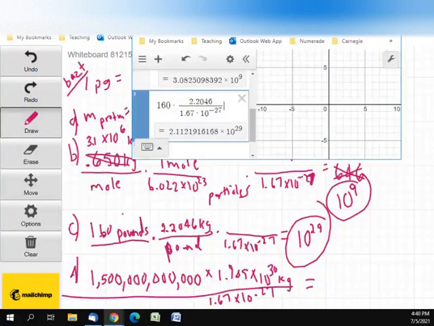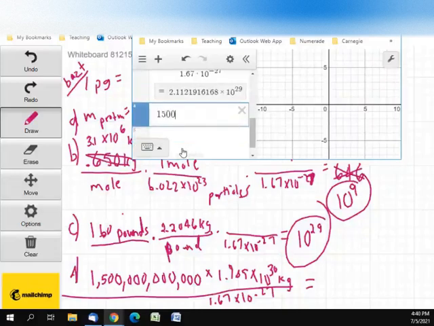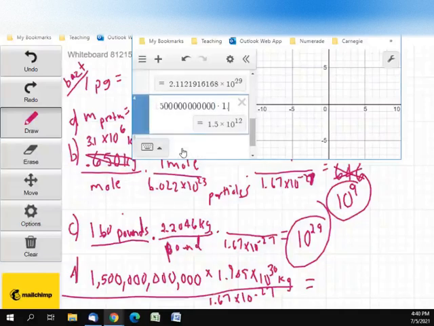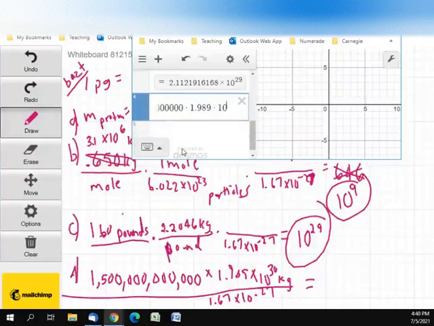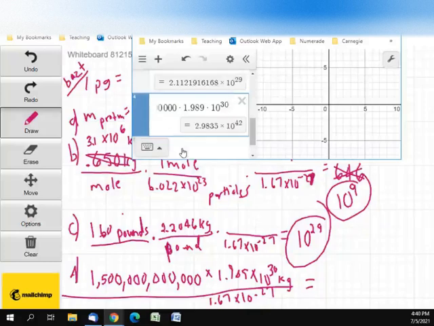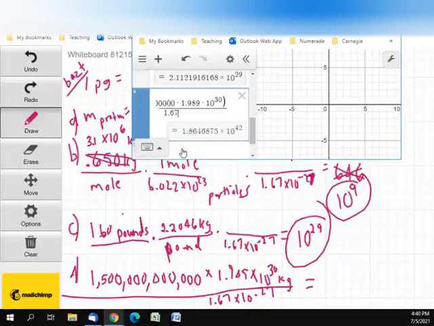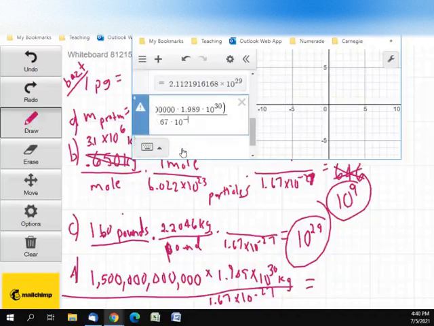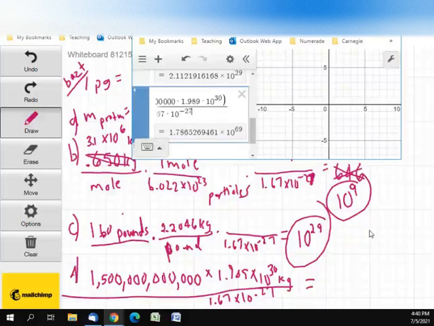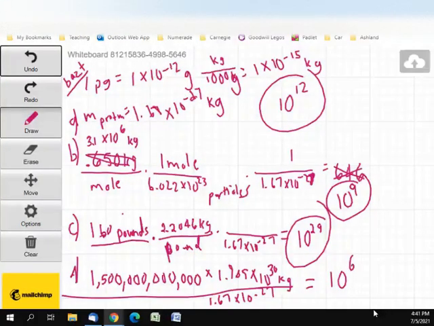Okay, so let's do this. 1,500,000,000,000 times 1.989 times 10 to the 30th power. Take that whole thing and divide by 1.67 times 10 to the negative 27th power. That gives me 10 to the 69th power protons or neutrons.